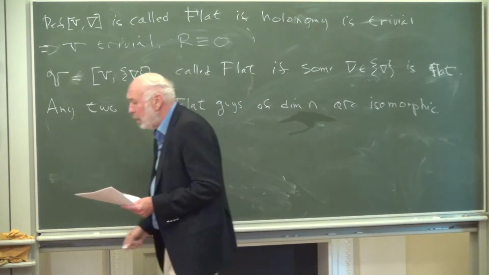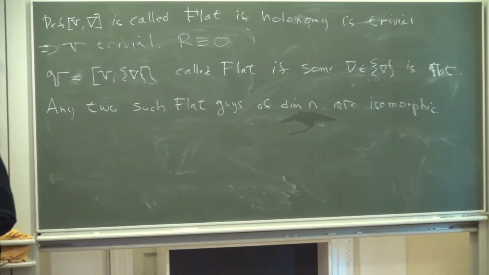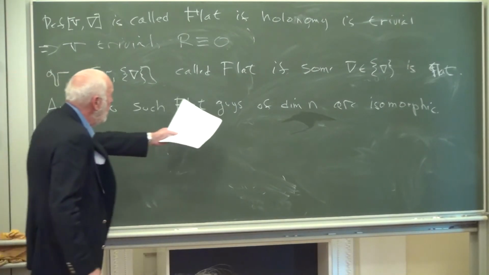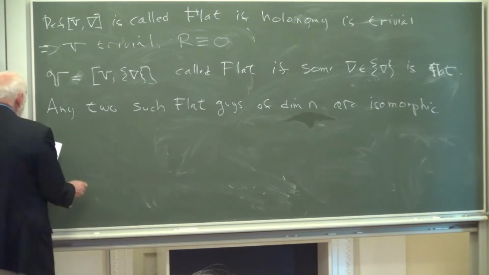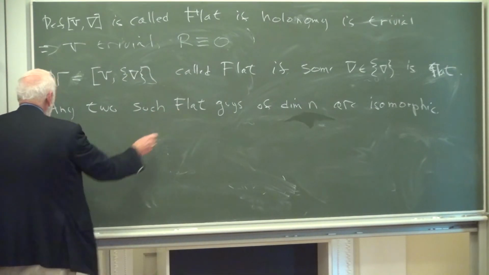So a guy is an element of Struct, but they're all isomorphic if you have a dimension n. So n is the only thing important.